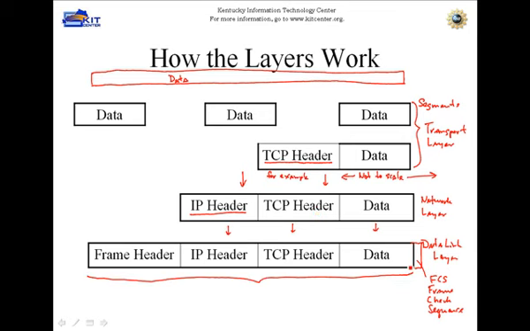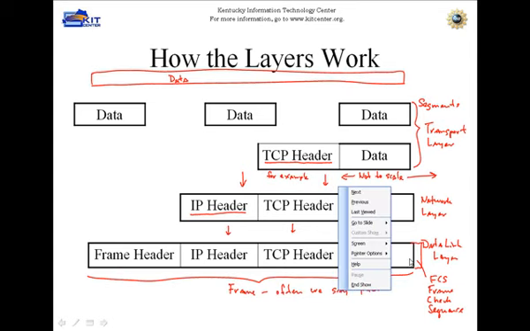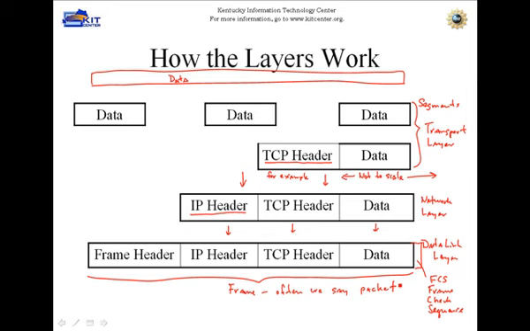This part right here is technically called a frame. Often we don't use the word frame. Often we just say packet, although technically it is a frame, since we put the frame header on it. Typically when I talk about a packet, I'm actually talking about this.